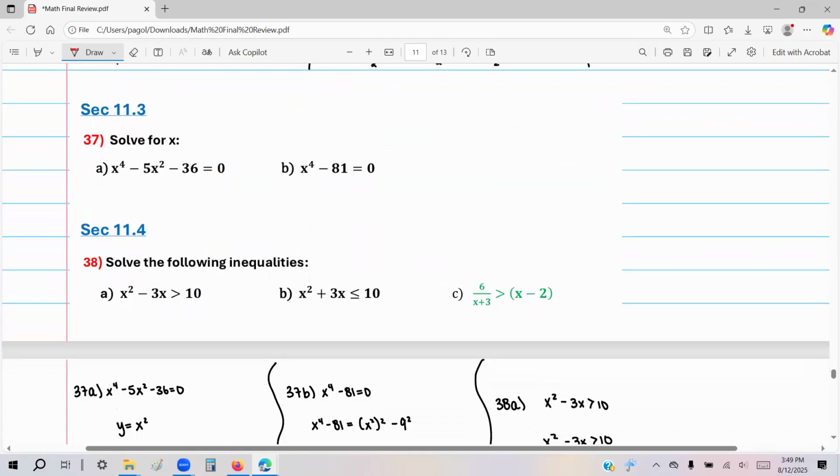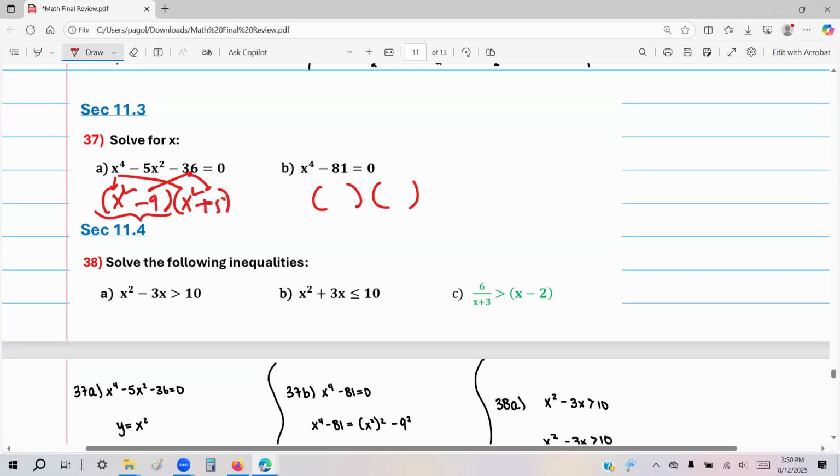When you solve for x for fourth degree, either it's factorable this way or it's factorable with perfect squares. If it's factorable this way, you get x squared. So you break down the fourth into 3 and 2, and you break down 36. Which two numbers multiply to 36 and combine to 5? Negative 9 and positive 5.